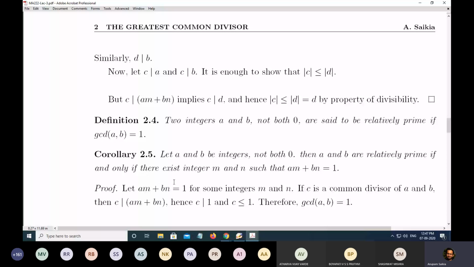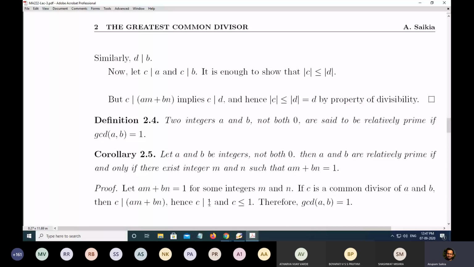So let's say AM plus BN is 1, and I want to show that GCD of A and B is 1. How do I do that? Take any common divisor C of A and B. C divides A and C divides B implies C divides AM plus BN. That means C divides 1, so C is less than or equal to 1.